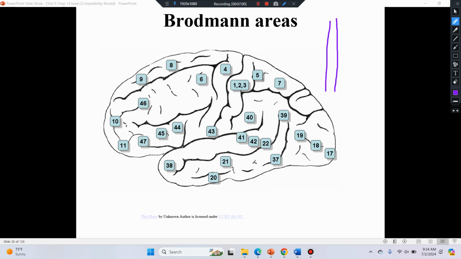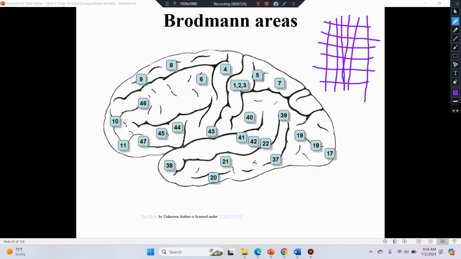So it turns out they will give you a nerve block just so as they cut into your skull and remove pieces of it, you don't feel that. Otherwise, it'd be very painful. Remember, isn't bone very innervated? And what you see here, all these numbers, which you don't need to memorize at all, are called Brodmann areas.